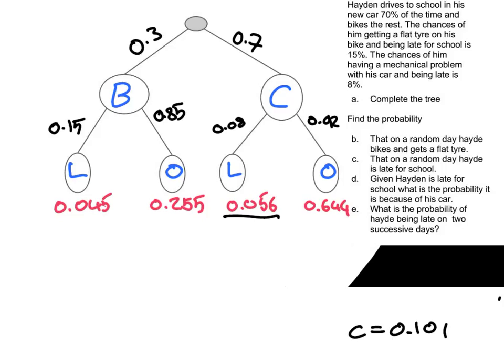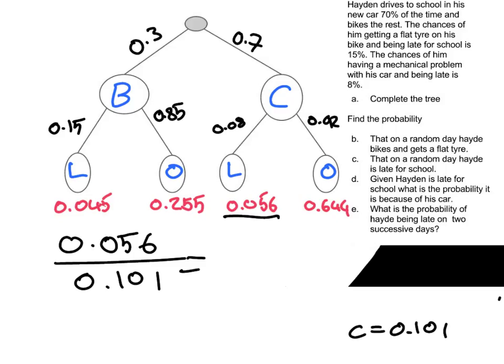So what we're going to do for this question is divide 0.056 by 0.101. And that's going to give us the answer. Let me get my little calculator out. And I'm going to go 0.056 divided by 0.101, and you will get the answer.